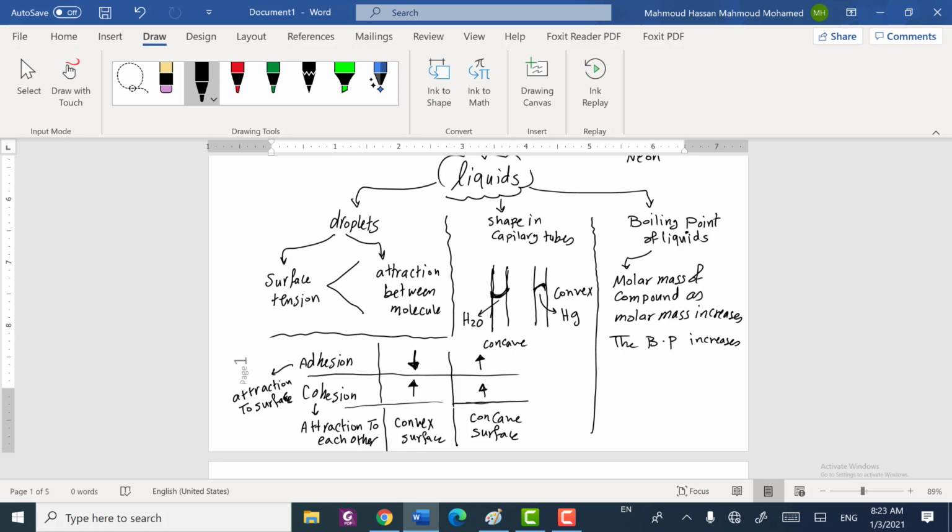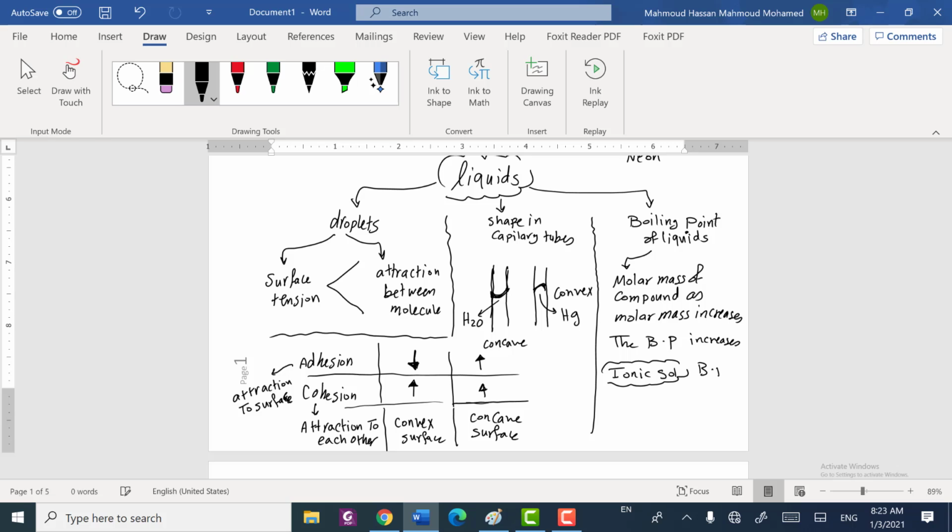But sometimes we will find this is different for solutions, like an ionic solution. The boiling point in the case of an ionic solution is controlled by the number of moles of ions.